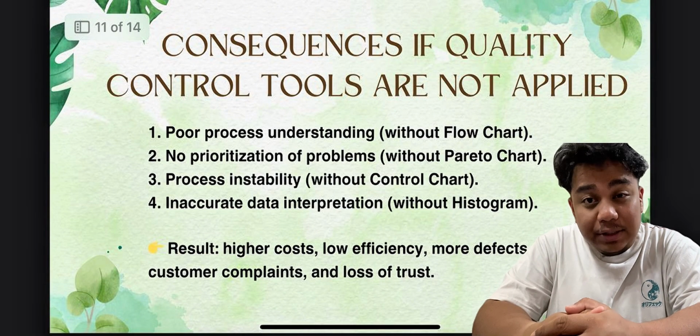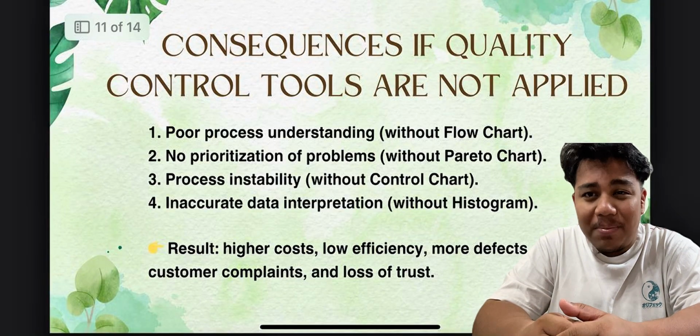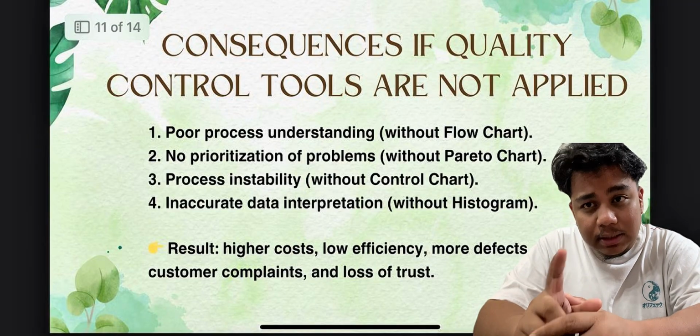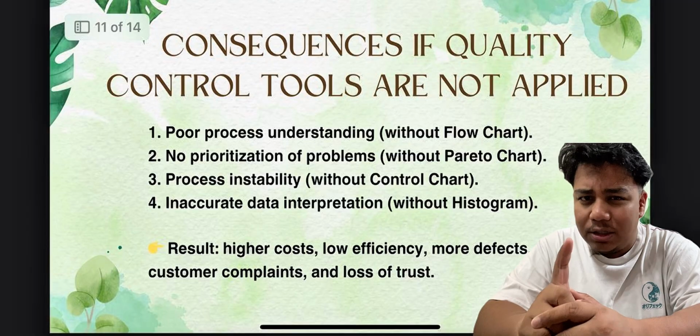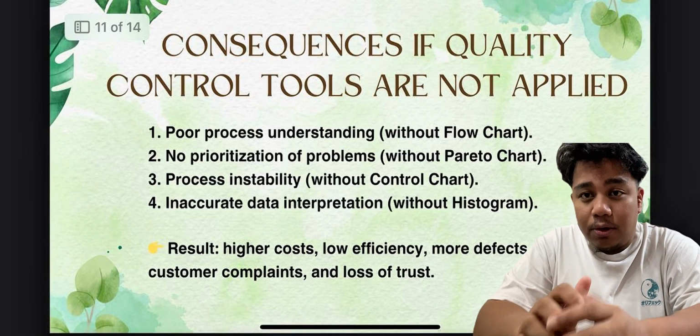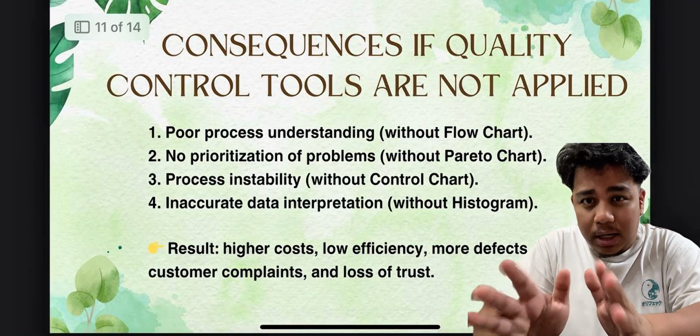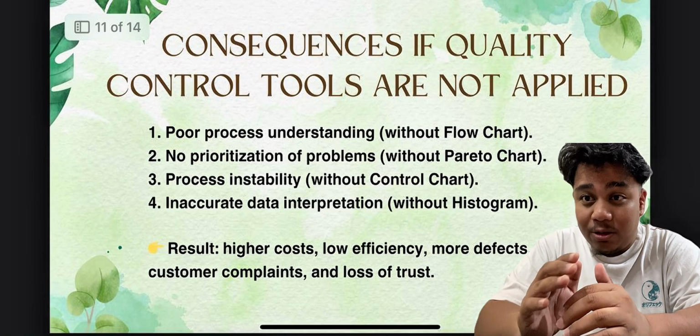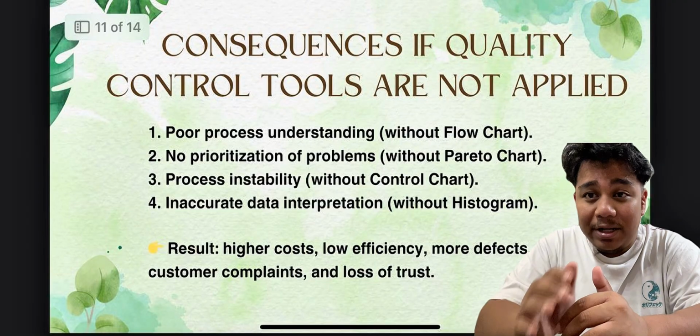For slide 3, consequences if quality control tools are not applied. Without a flowchart, there will be poor process understanding. Without a Pareto chart, we can't prioritize which problems to solve first.